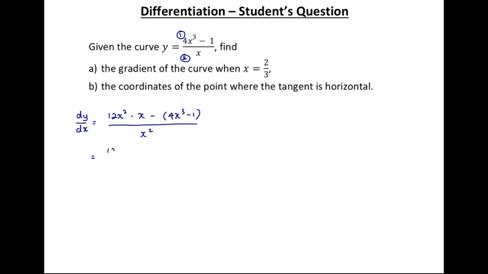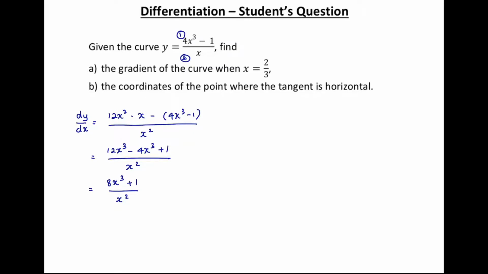So I will have 12x cubed minus 4x cubed plus 1 over x squared. So my dy dx will be 8x cubed plus 1 over x squared. So your dy dx here actually is the general equation for your gradient at any point on the curve.